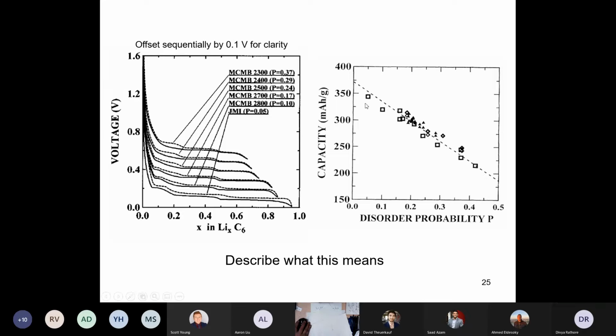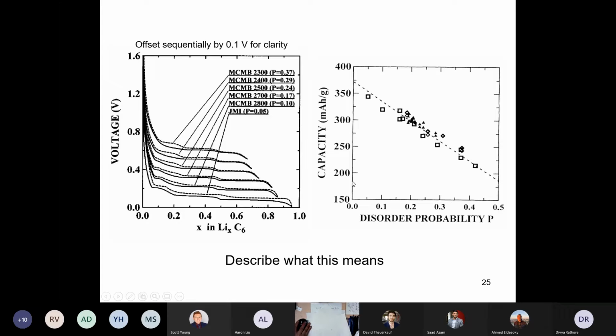Okay, there's one more observation you should make about this graph. If you put lithium in between every pair of graphene sheets to the maximum amount, 1 lithium for 6 carbons, you get 372 milliamp hours per gram. Okay. Look what happens if P is 0.5.